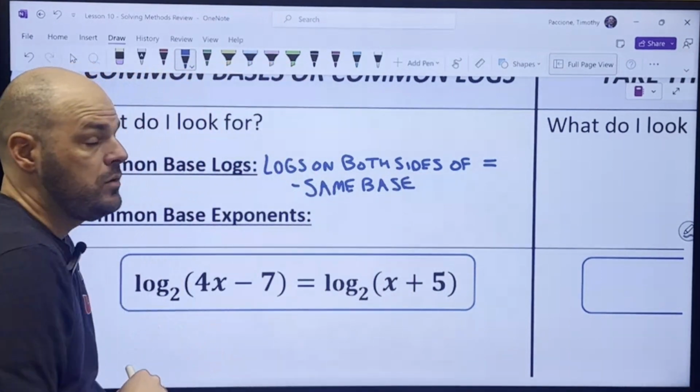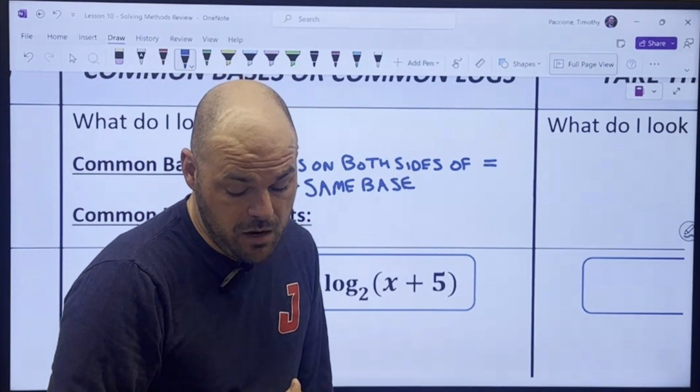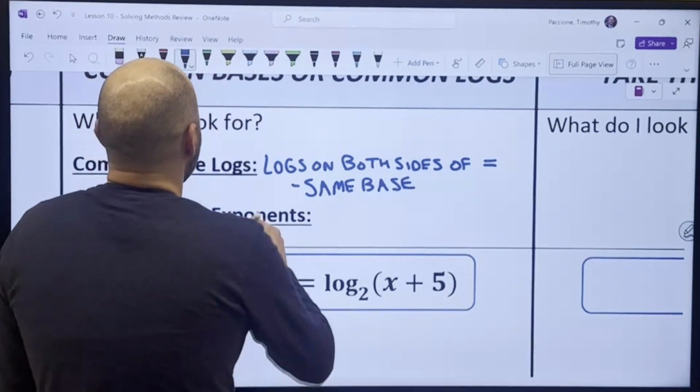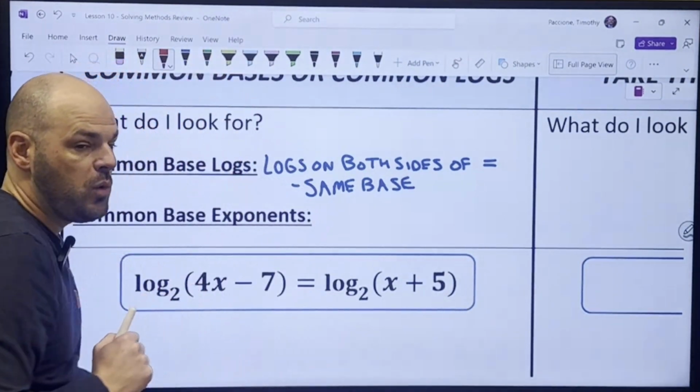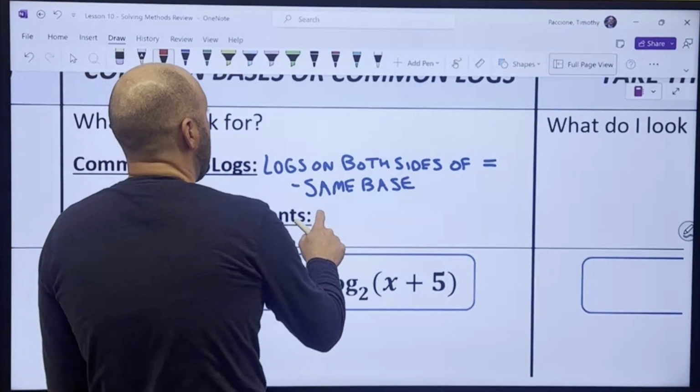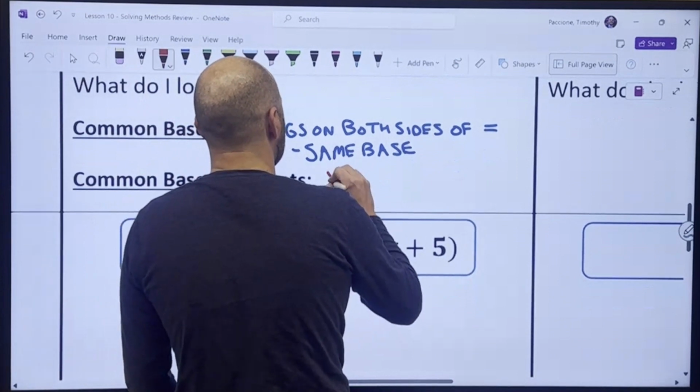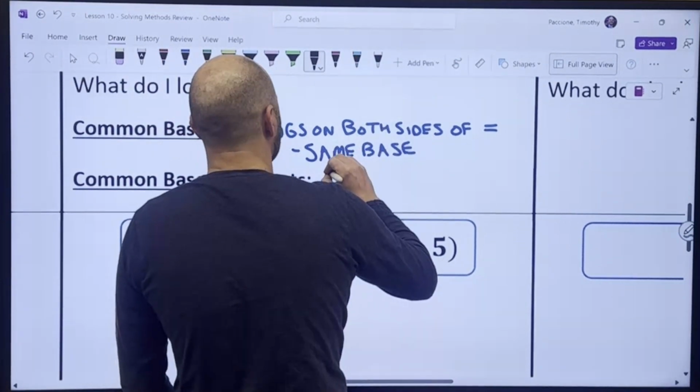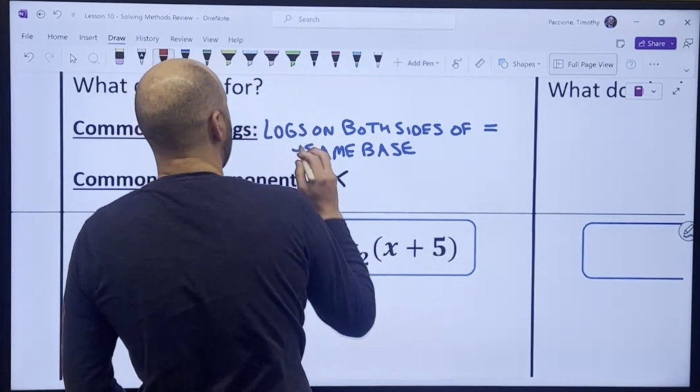That's for common base logs. Now, common base exponents, well, now we're back to where is that x? And the x, in this case, will be in the exponent.